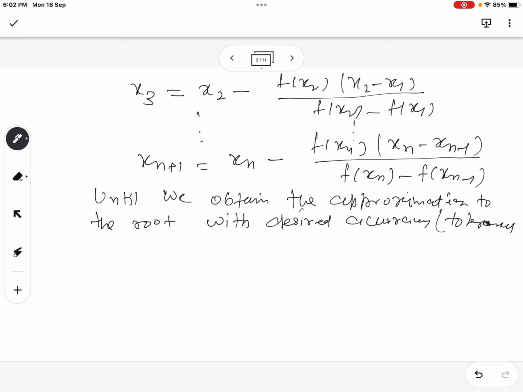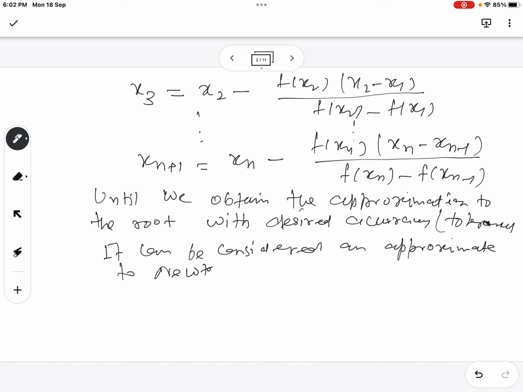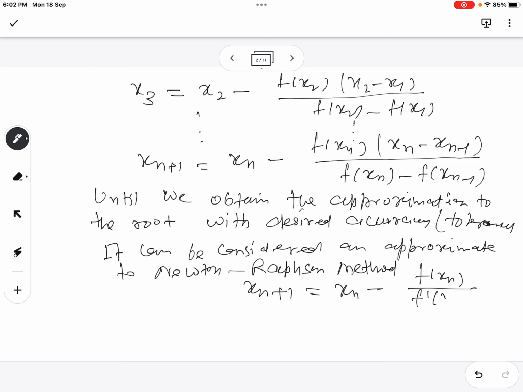So this method can be considered an approximation to the Newton-Raphson method. The Newton-Raphson method is given by x(n+1) equals xn minus f(xn) by the derivative of f at xn.